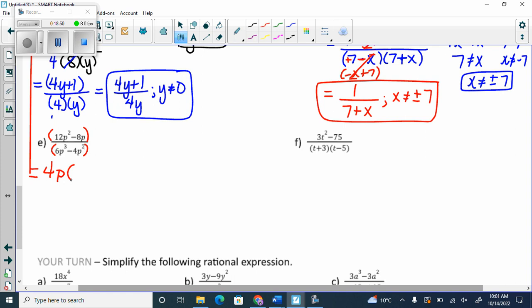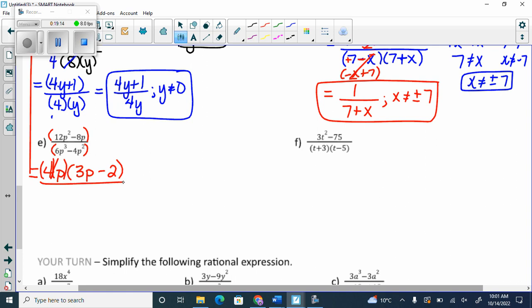So if I take a 4p out of 12p squared, I'm left with 3p. And then a negative 8p divided by 4p is negative 2. Now the 4 and the p in front, are they attached by plus or minus signs? No. So they can go in their own brackets. A 4 in a bracket and a p in a bracket.